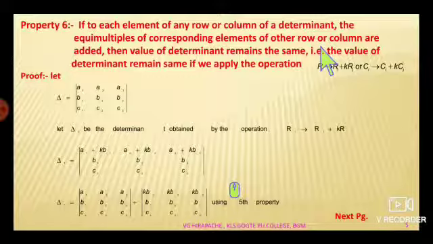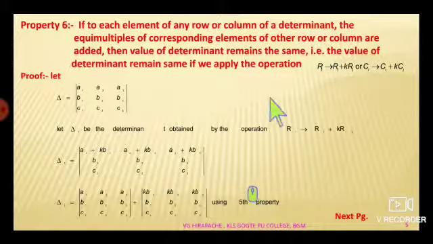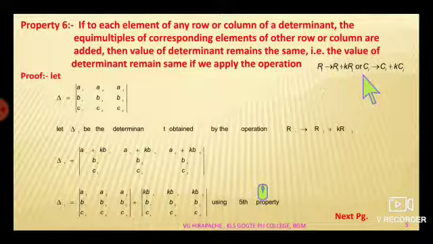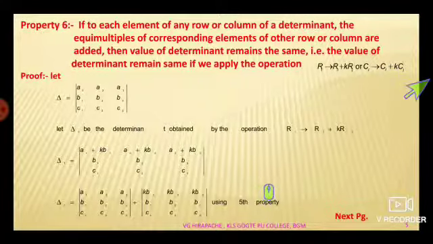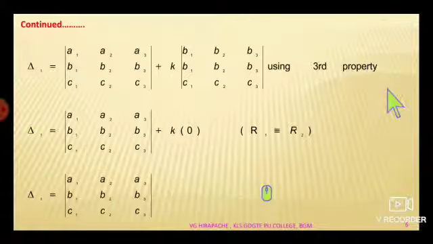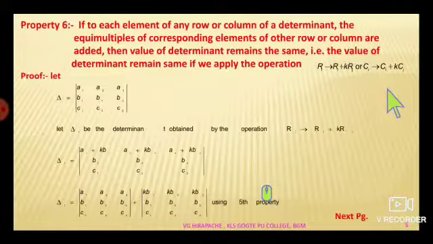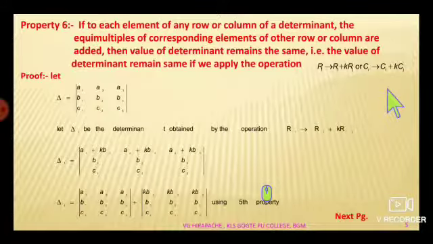That is, the value of the determinant remains the same if I apply the operation Ri changes to Ri plus K times Rj, or Ci changes to Ci plus K times Cj. Now my dear students, let me verify this theorem.